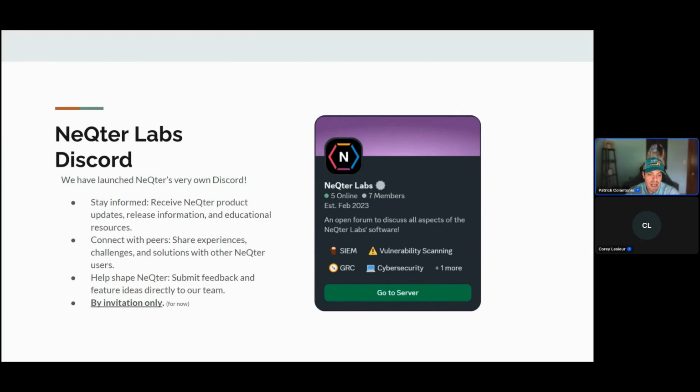So if somebody says, "Hey, I really hate the fact that we don't have a dark mode for NeQter. Why is that?" Well, all of you can pile on, and then I can bully development to see why we don't have that. So that's one of the things we're hoping for with this.